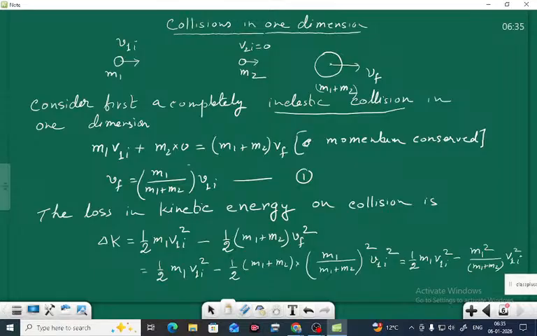This is equation 2. From this we got the loss in kinetic energy as equation 2.